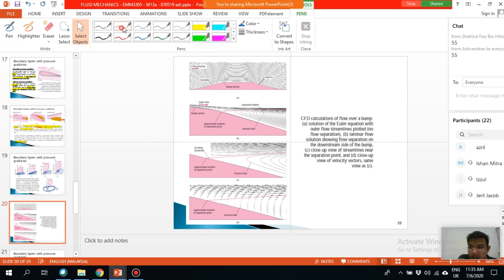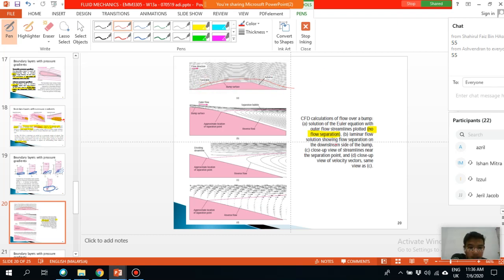Now this is an example of a CFD calculation over a bump. A1 is the solution of the Euler equation, with the streamlines plotted showing no separation. So assuming there is no separation, you can see the flow is smooth everywhere around the bump, in both the favorable and adverse areas.